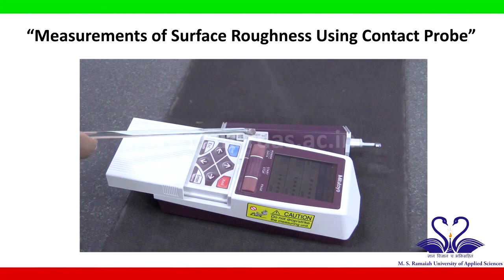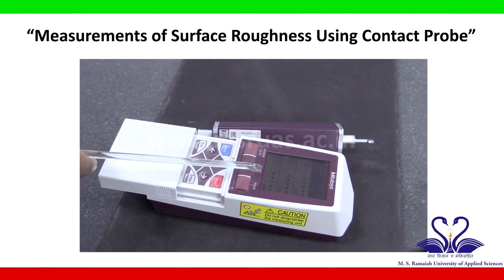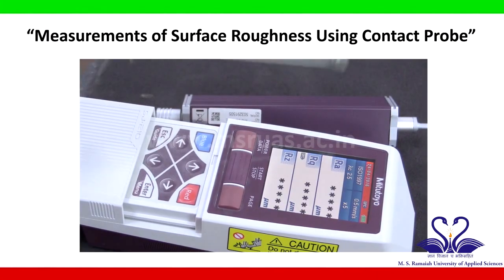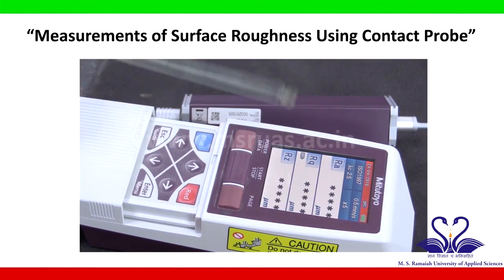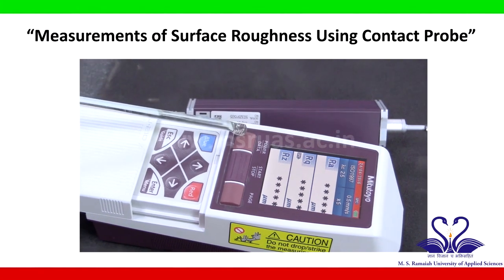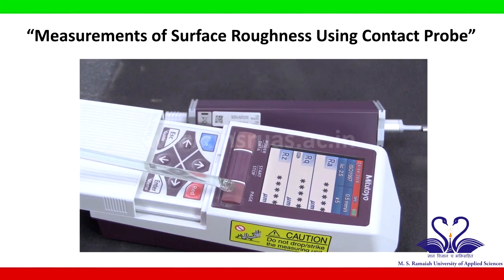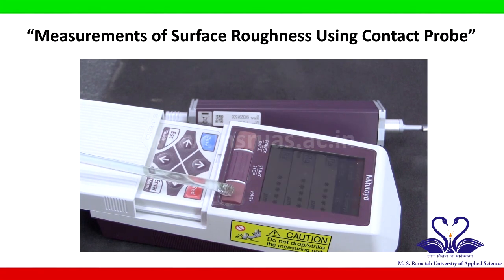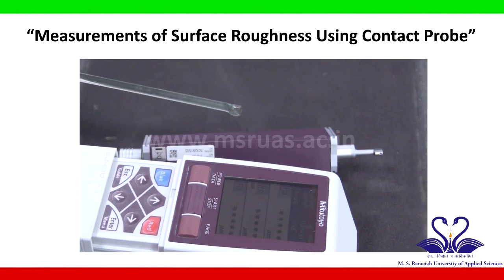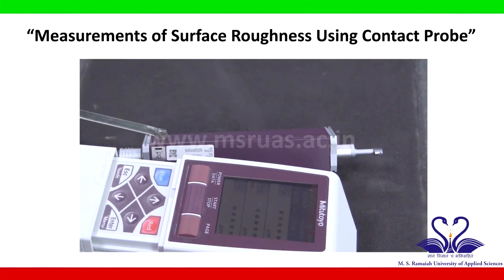The surface measurement tester has an LCD screen on which you can see RA, RQ, RZ, the power button, the start and stop button, and the page button for navigating between the menus. The next part of the surface roughness tester is the drive unit.